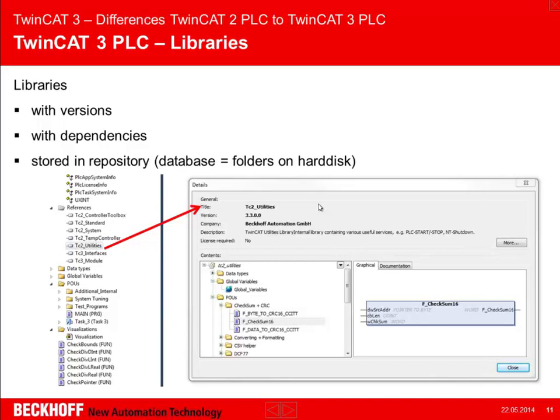So here you see one checksum 16 function, which can be seen in the graphical view and also in the documentation view. The set of libraries you have to choose from the repository, and inside the repository we have all the libraries and of course all the different versions of the libraries.